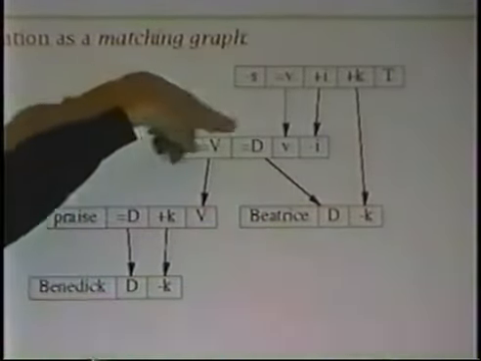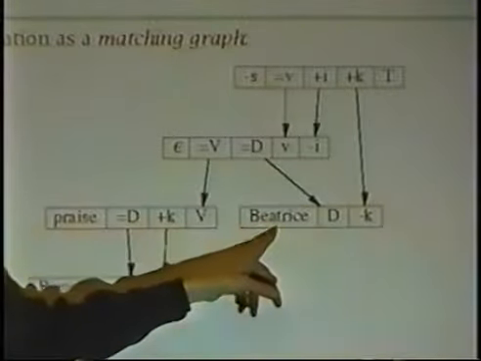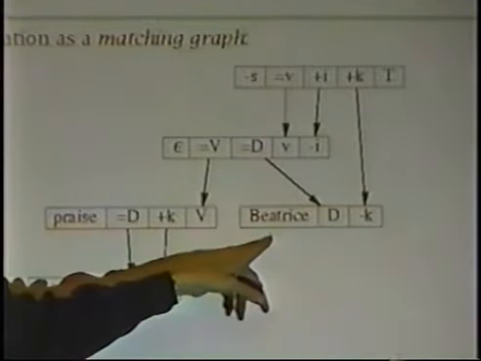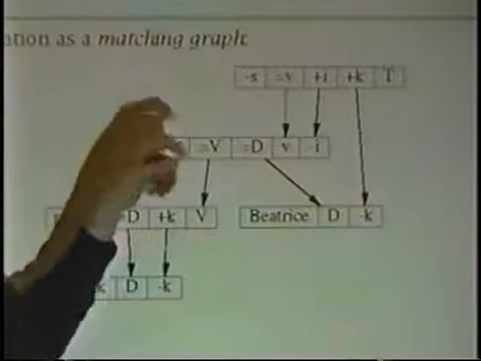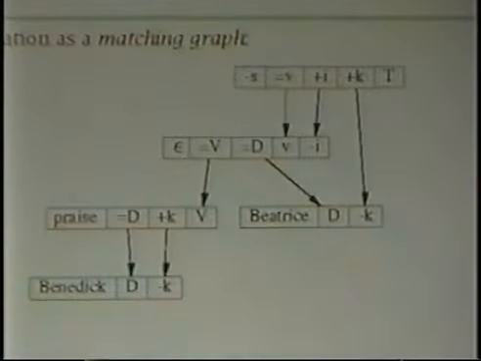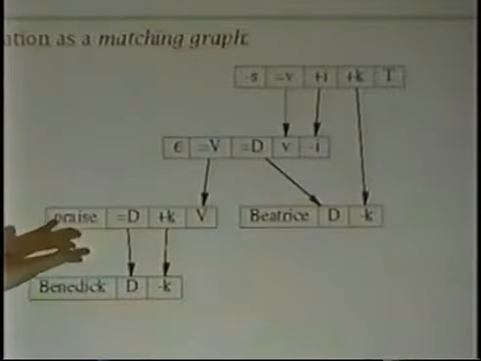And there's a transitivizer here which relates praise and the subject, Beatrice. And outside of all of that, you have the tense, saying this whole thing occurs in the present or whatever. So this is almost a semantic dependency structure, but it's enriched with all this syntactic information.